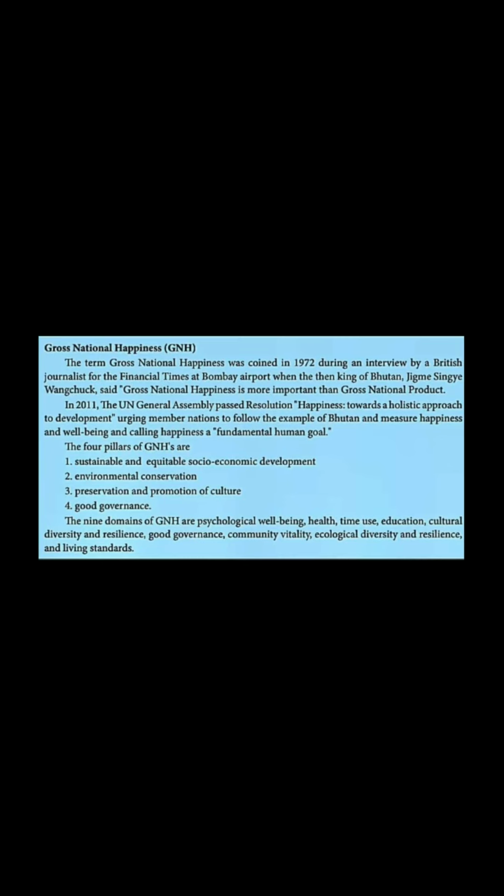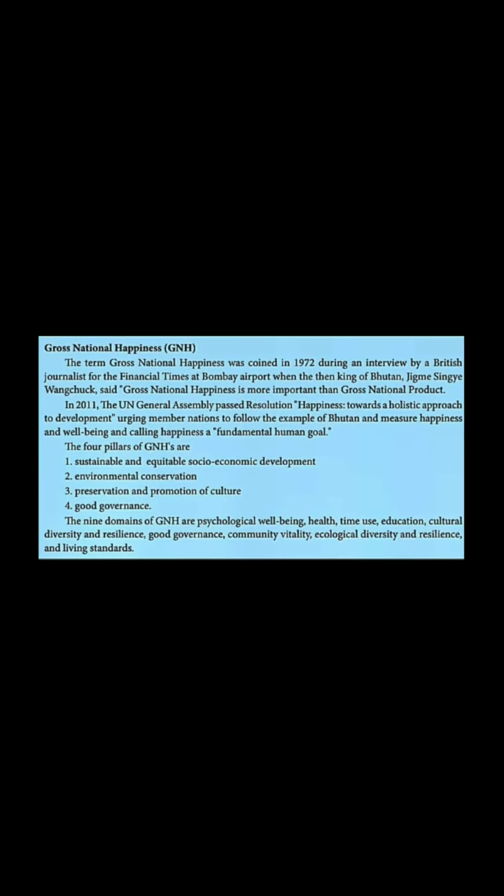In 2011, the UN General Assembly passed the resolution, Happiness: Towards a Holistic Approach to Development, urging member nations to follow the example of Bhutan and measure happiness and well-being and calling happiness a fundamental human goal. So what they call it as? A fundamental human goal. Once again, when it was started?